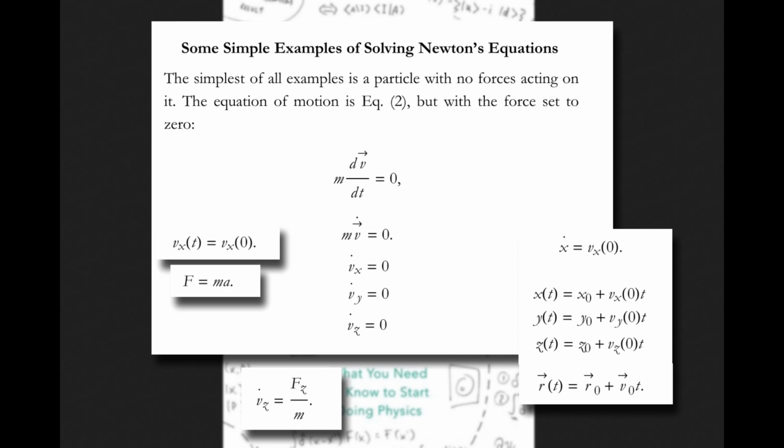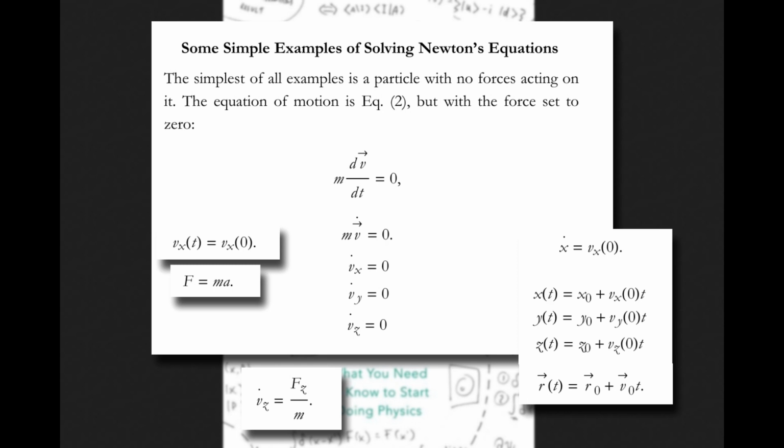The solution is simple. The components of velocity are constant and can be just set equal to their initial values. Vx(t) equals vx0. The same goes for the other two components of velocity. This, incidentally, is often referred to as Newton's first law of motion.